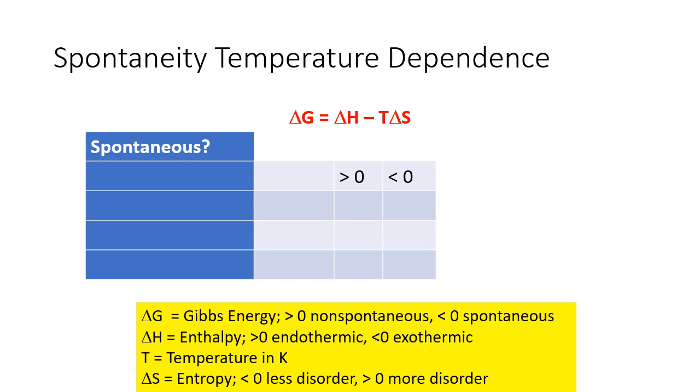So if enthalpy is greater than 0, which means it is endothermic, and we have an entropy that is less than 0, meaning there's less disorder, then when we put these two values together in our delta G equation, positive minus a negative, meaning a positive, positive plus a positive is always positive, and since delta G when it's positive is non-spontaneous, there is no situation in which you have an endothermic reaction where you're tending toward less disorder where you can actually have a spontaneous process.